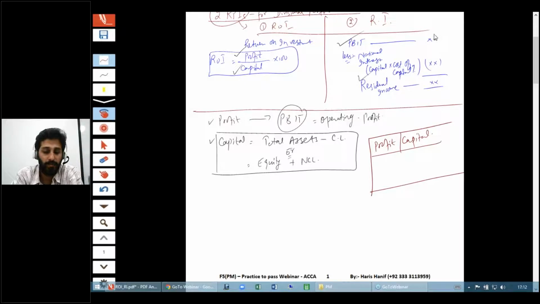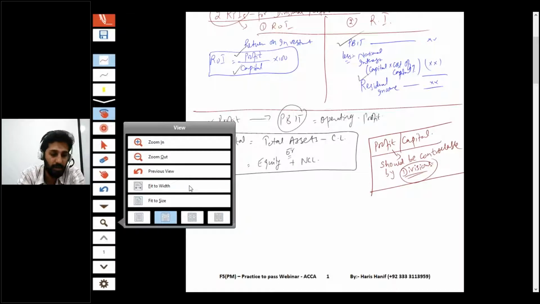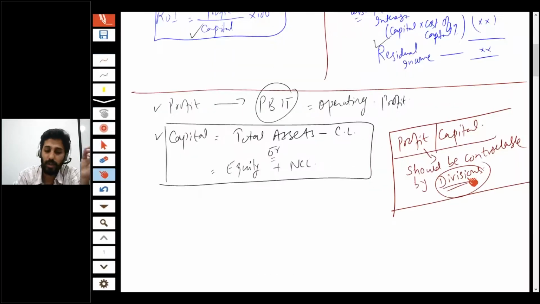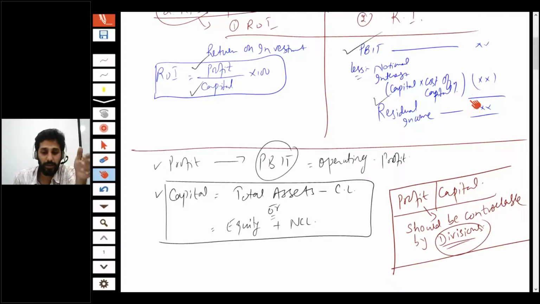All right. So profit and capital figures should be controllable by the divisions. All those figures that are not controllable by the division should be ignored, right?